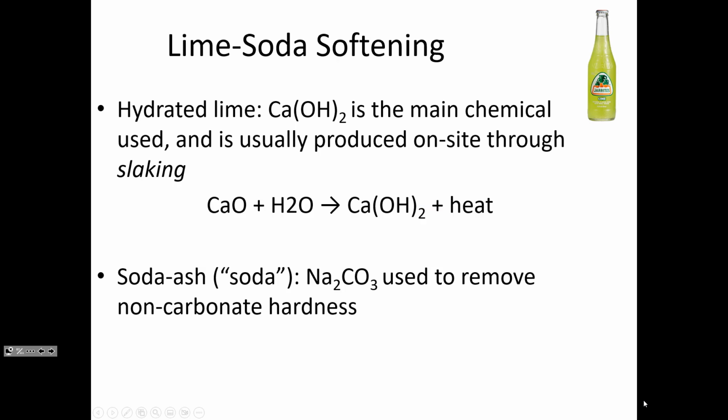Now, lime soda softening, it's not actually like lime soda. Those are just the common street names for the chemicals that are used. And so lime is more expansively called hydrated lime. And calcium hydroxide is what actually does the reaction.